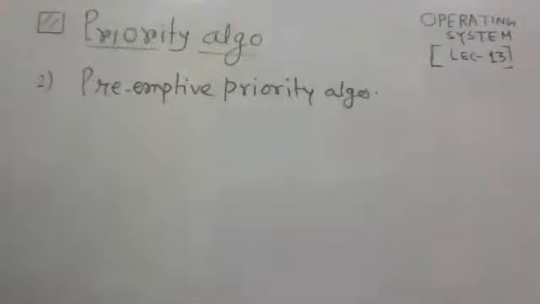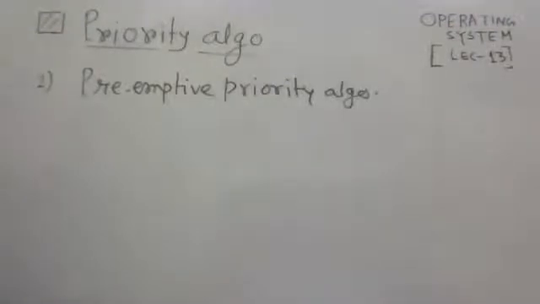In this case, we have to check the priority and arrival time, and we can switch a process from the middle of its execution. Okay, so this is the concept of preemptive.